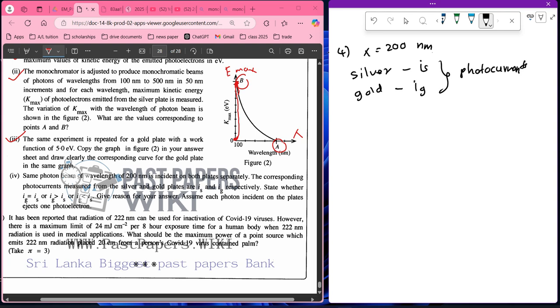We know that lambda for silver is 310 nanometers, and lambda for gold is 248 nanometers.